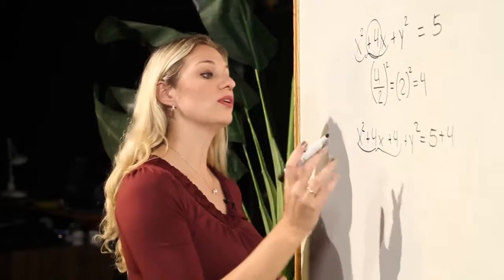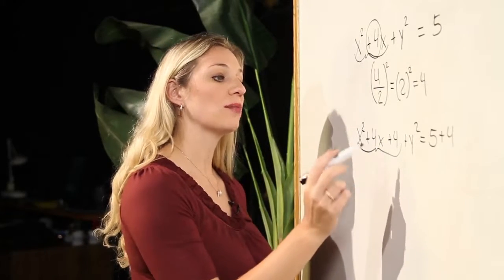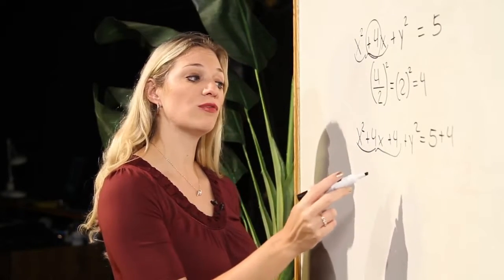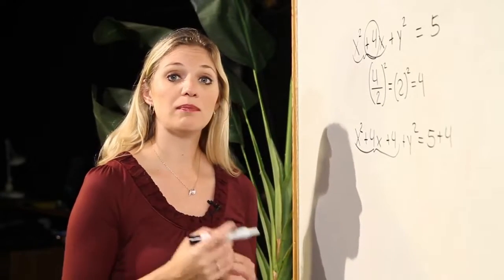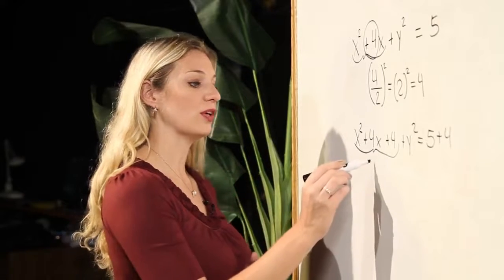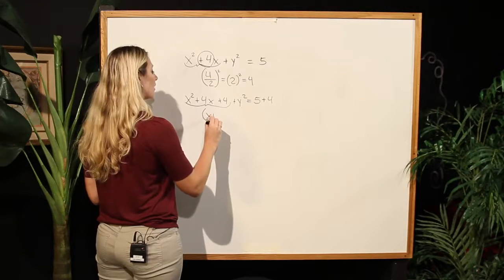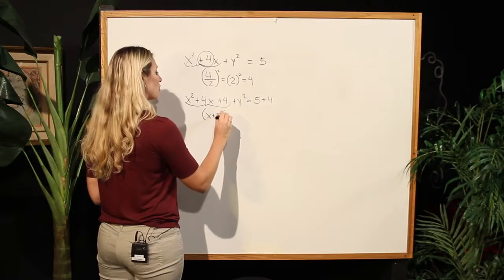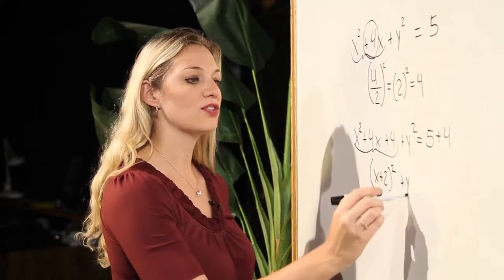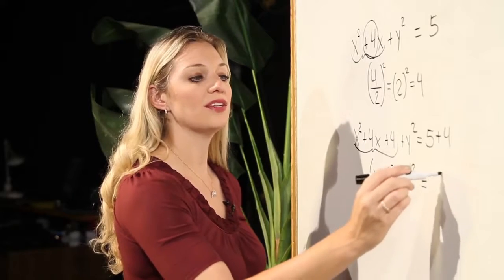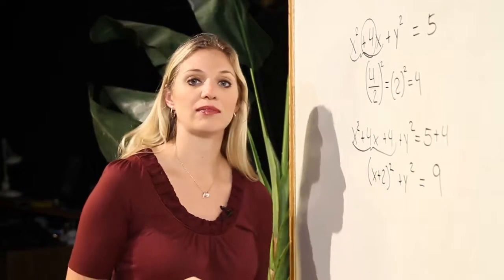When we look to factor this, I'm looking to see what multiplies to give me 4, but also adds to give me 4. My answer would be positive 2 and positive 2. More simply, I can write this as x plus 2 squared. I will bring down the plus y squared, and this will be equal to 9.